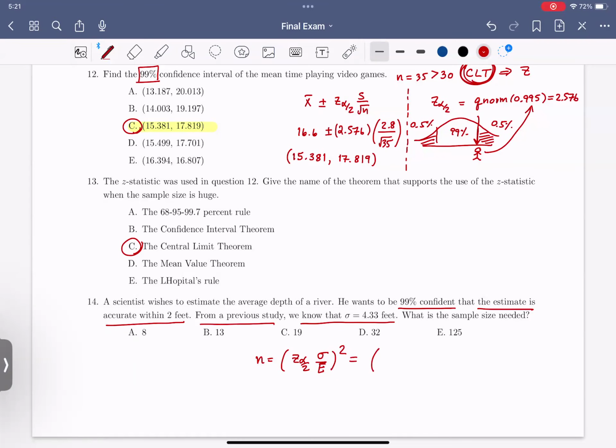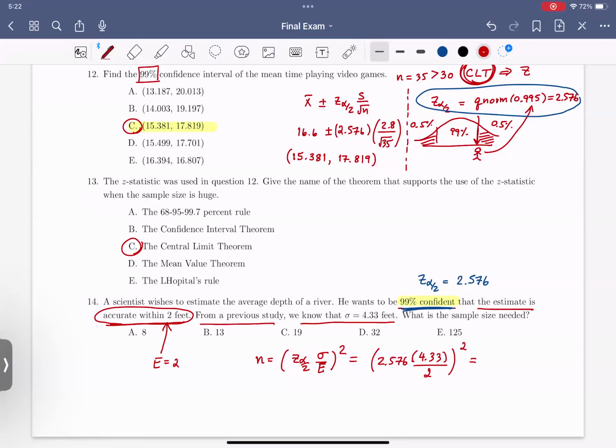C alpha over 2 here, because you use 99% confidence, is the same as before, 2.576. And then sigma is given as 4.33. And E is the error; you want to be sure it's accurate within 2 feet, so E is equal to 2. All right, and then square.